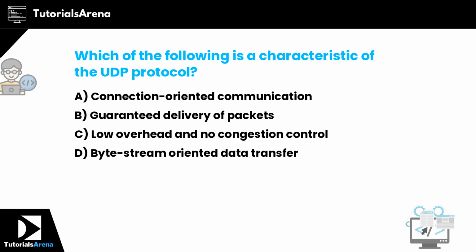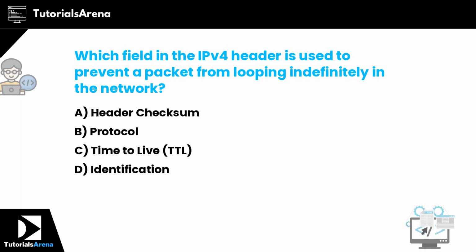Which of the following is a characteristic of the UDP protocol? The correct answer is option C, low overhead and no congestion control. Which field in the IPv4 header is used to prevent a packet from looping indefinitely in the network?